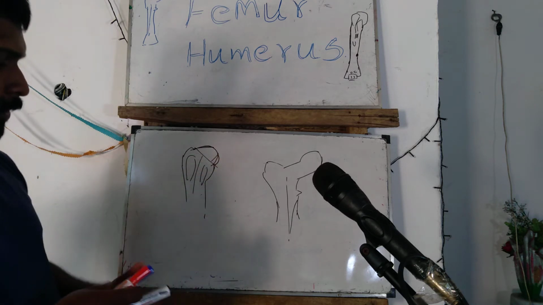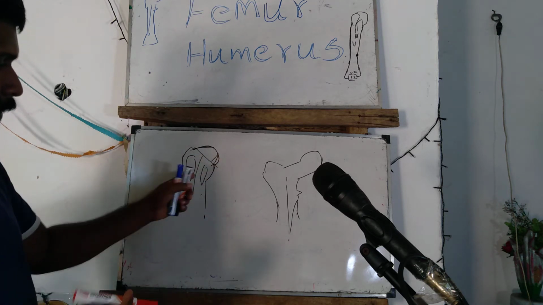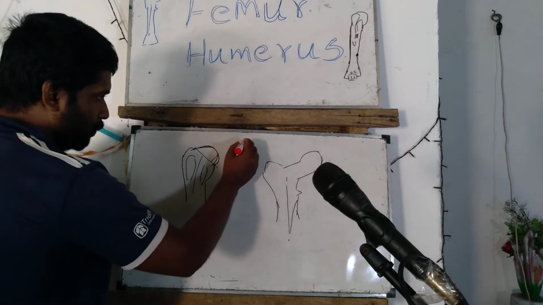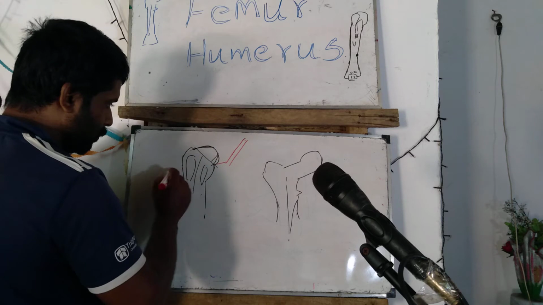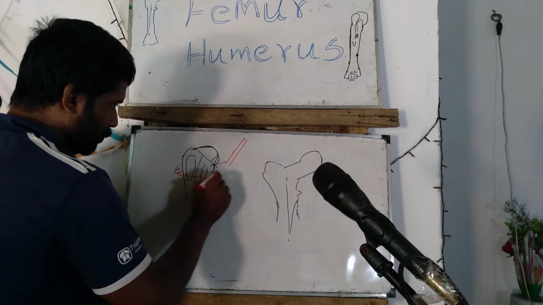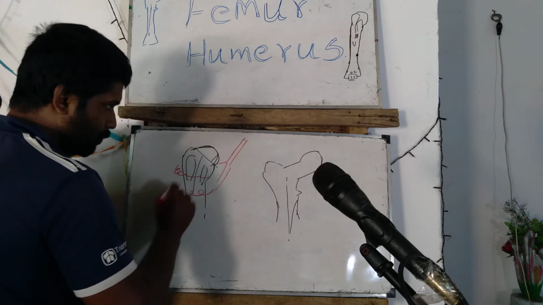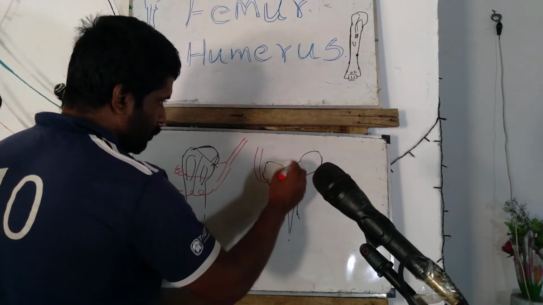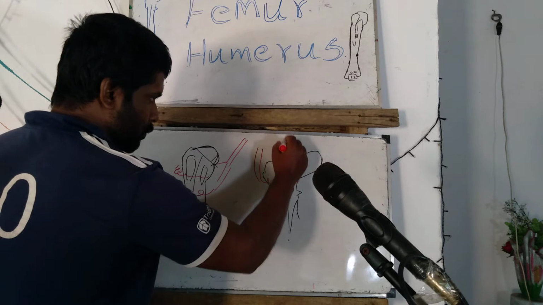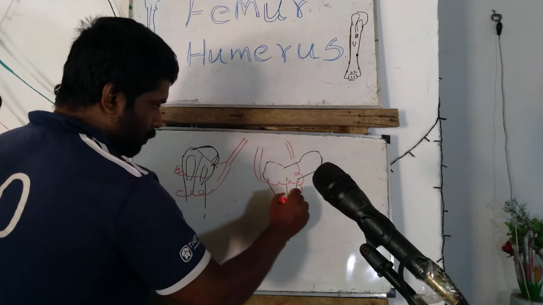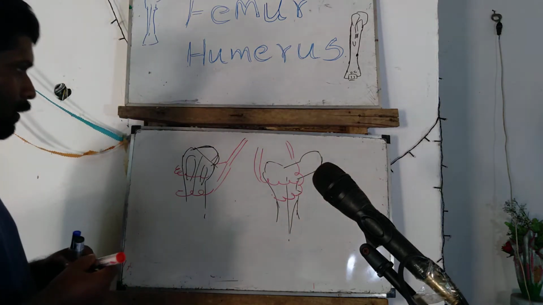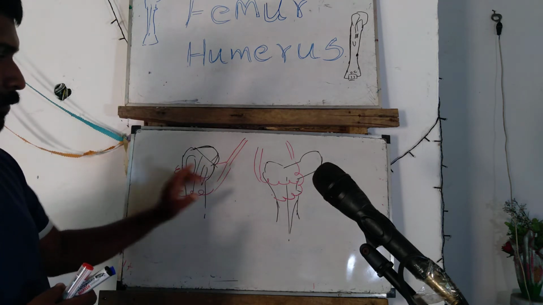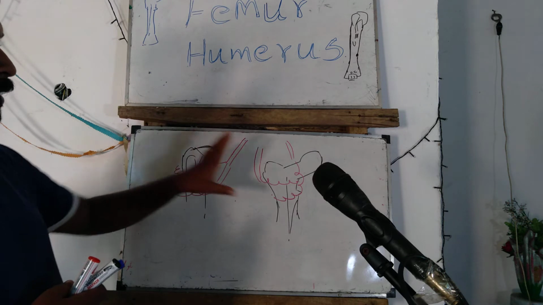Mainly the brachial artery gives the circulation supply to the humerus. The brachial artery gives the blood supply of the humerus.